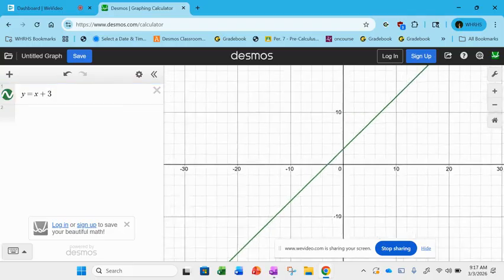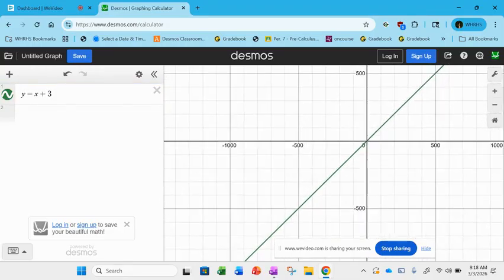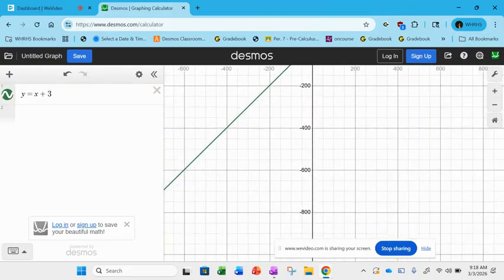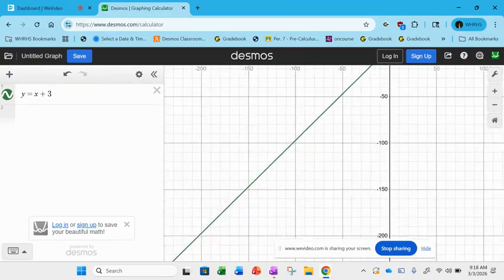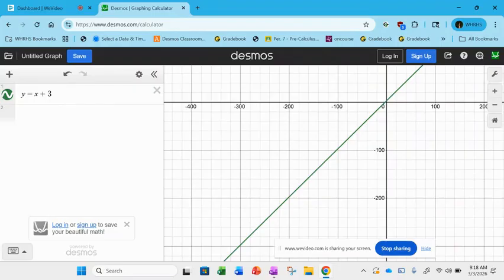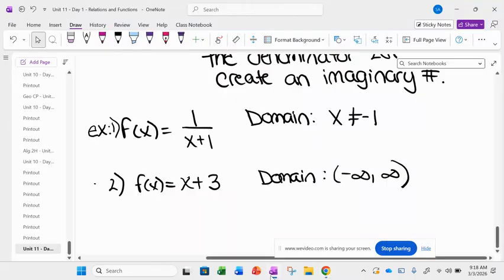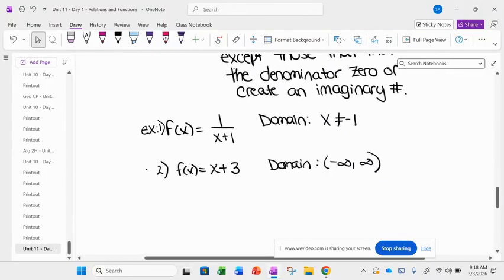And there's our line. Is it ever stopping? Never stopping, right? So that is all real numbers, negative infinity to positive infinity. Yes, I would accept the R for that, absolutely. Okay, so that's the domain.